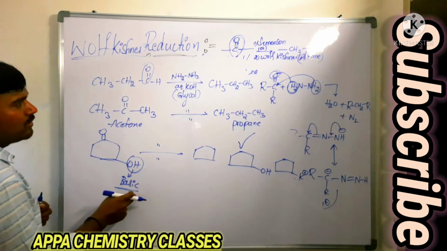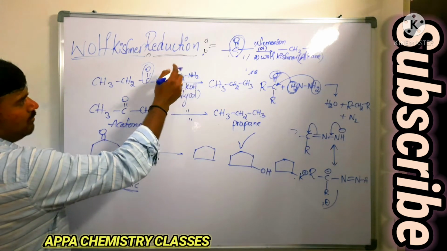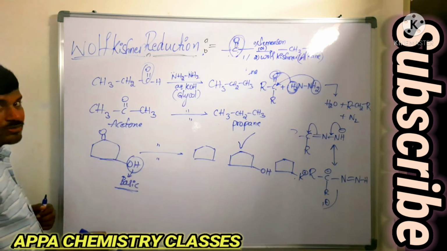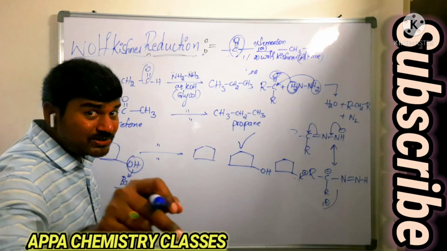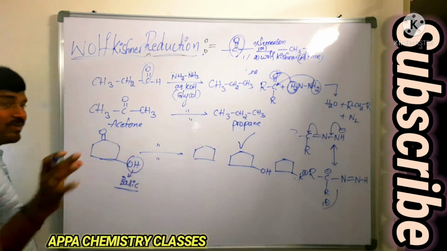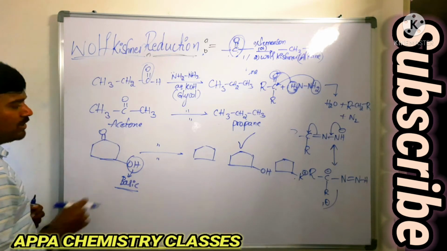It should not accept the water, using the lone pair of electrons on this nitrogen. So it is not reduced. But in the Clemmensen reduction, it will be reduced. So do remember that one. That is the very important difference between Clemmensen reduction and Wolff-Kishner reduction.